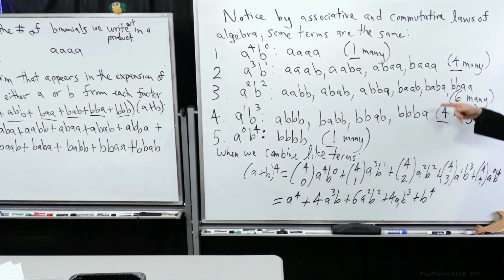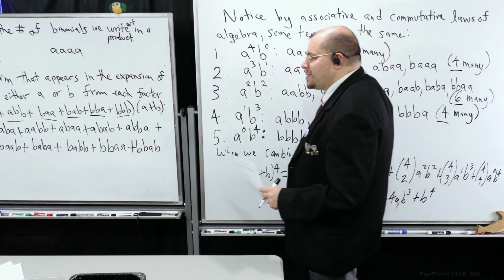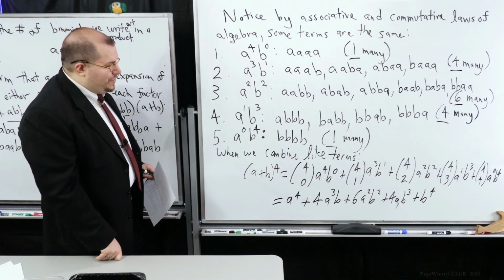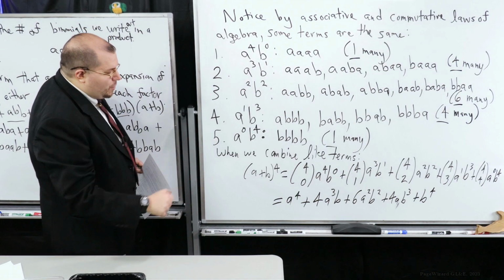So all I've done is, notice the coefficients, they match that row of Pascal's triangle. So there's your binomial coefficients, and you end up with this form right here.